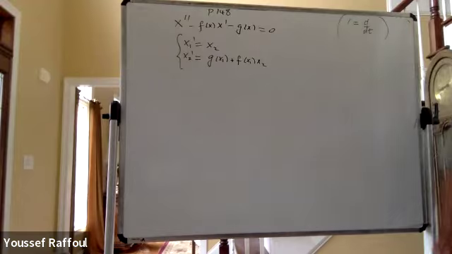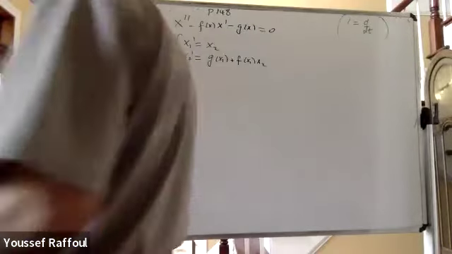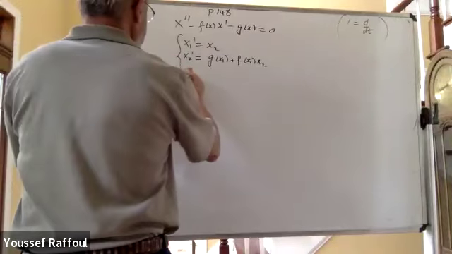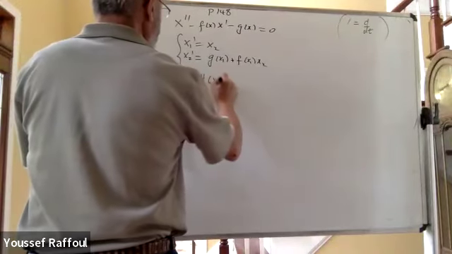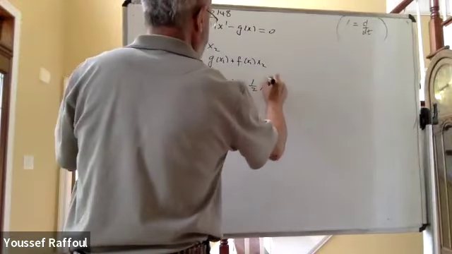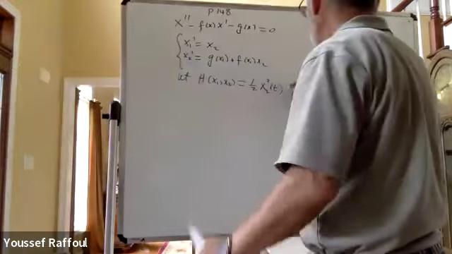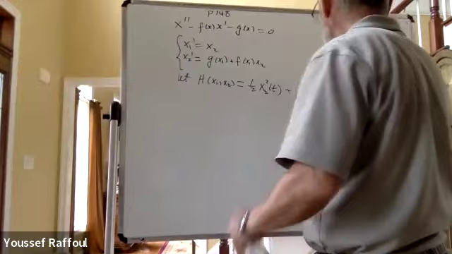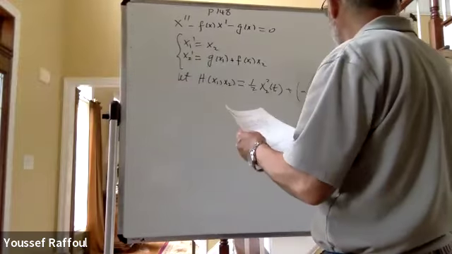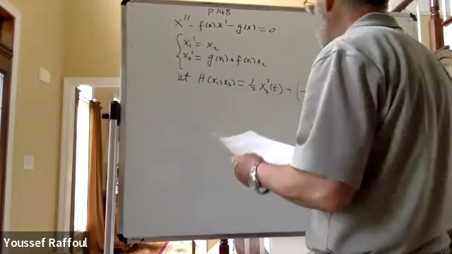So what is a Hamiltonian function for that? Okay, so I can define H of x1, x2 equals 1/2 x2 squared of t plus or minus the integral from 0 to x1 of g of s ds.